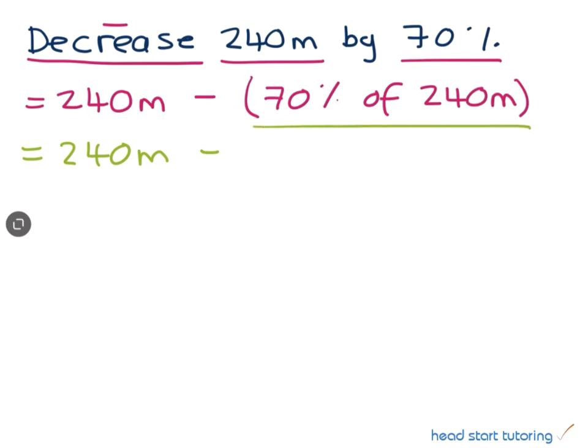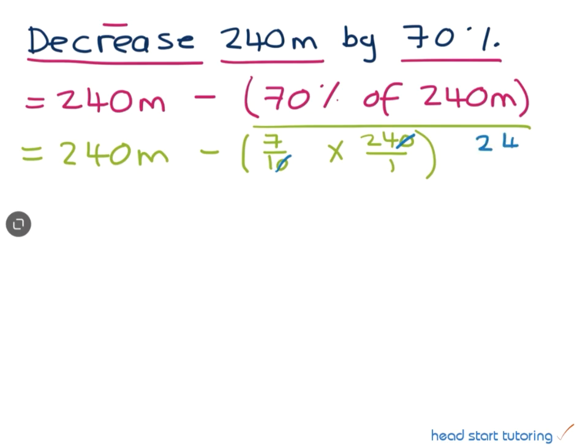So 70% of 240 we work out to be 7/10 multiplied by 240 over 1. And then we can cross cancel and simplify. So 10 divided by 10 is 1. 240 divided by 10 is 24.